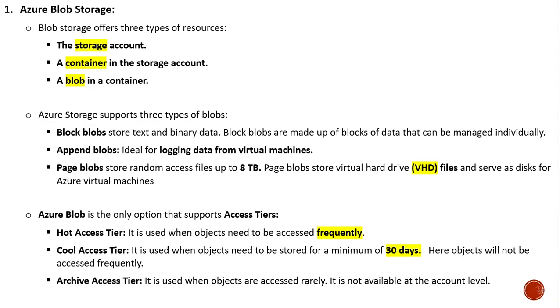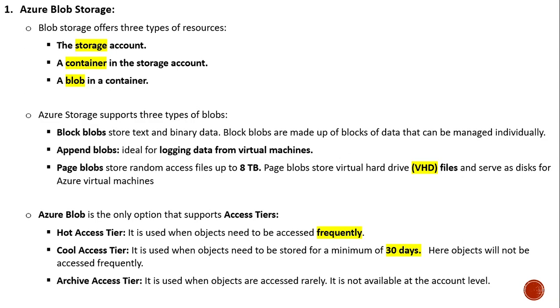Then there is cool access tier. So cool access tier is used when the objects need to be stored for a minimum of 30 days. So if there is a requirement where data can be stored for a minimum of 30 days, then we can go with the cool access tier, so that we will be having an optimum cost and cannot waste money basically.